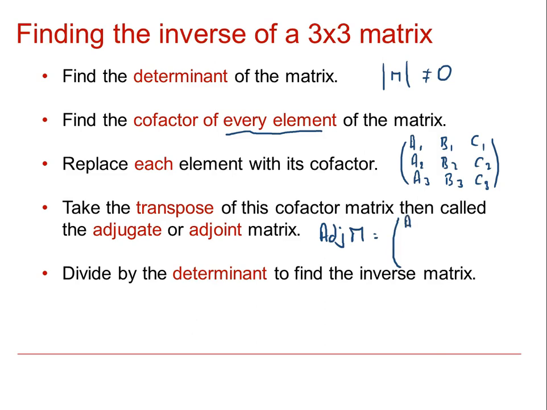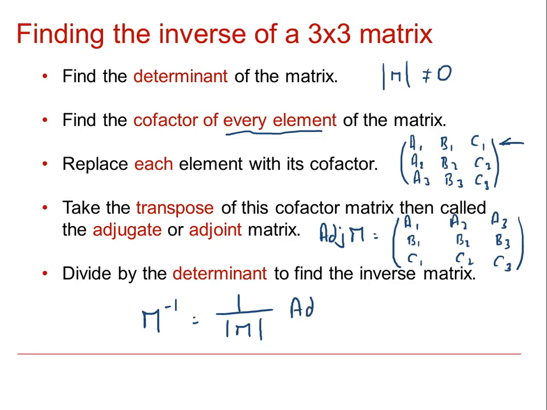So that will be A1, B1, C1, A2, B2, C2, and A3, B3, C3, where we've taken the rows and turned them into columns. Finally, we divide the adjoint by the determinant of the matrix. So we can say that the inverse of a matrix, M inverse, is equal to 1 over the determinant of M multiplied by the adjoint of M.